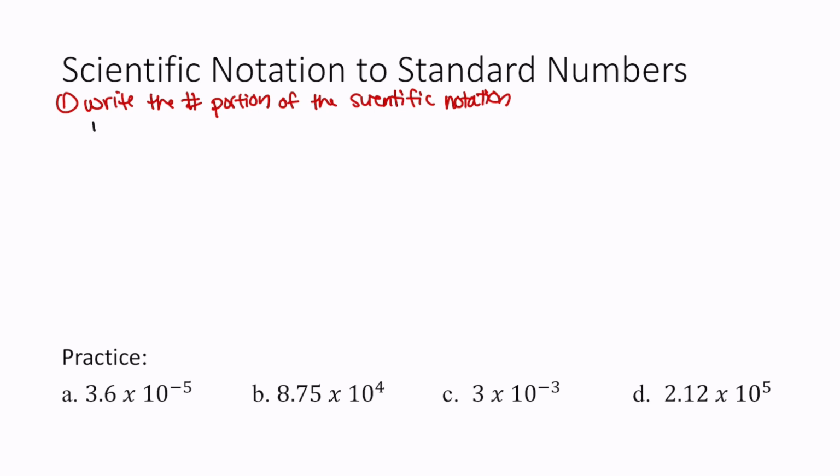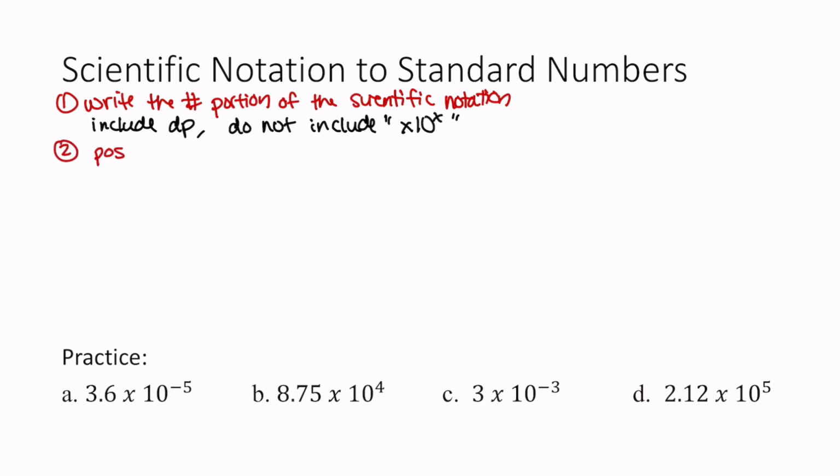You want to include the decimal point, but do not include the times 10 to the exponent. You don't want to include that part because we're going to have to move the decimal.